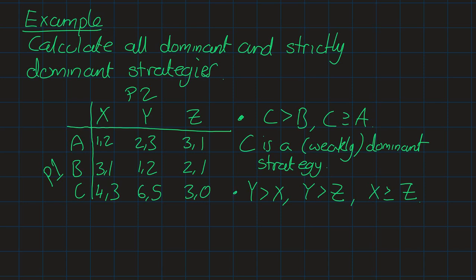Then if we consider player 2's strategies, from this information we see that Y strictly dominates X and Y strictly dominates Z. So that means Y is strictly better than all the other strategies available. So Y is a strictly dominant strategy.